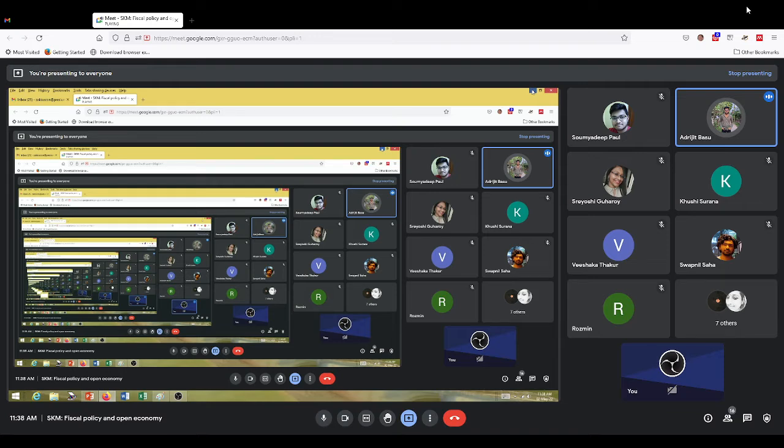Okay, so you can look at this ratio. This is called the terms of trade.